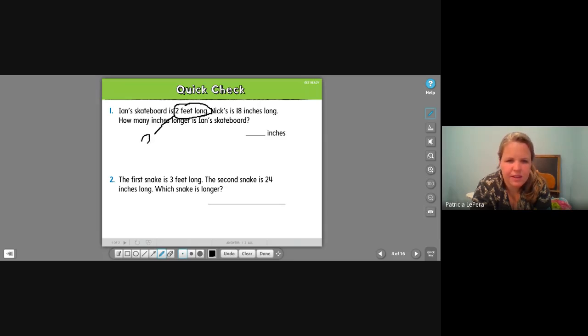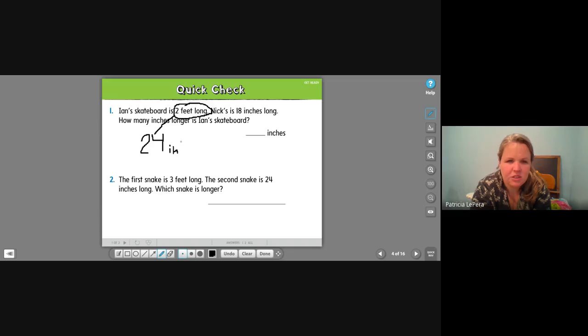So that would be 24 inches. Sorry, I'm doing my best to draw it. IN for inches. So Ian's skateboard is 24 inches long and Nick's is 18 inches long.